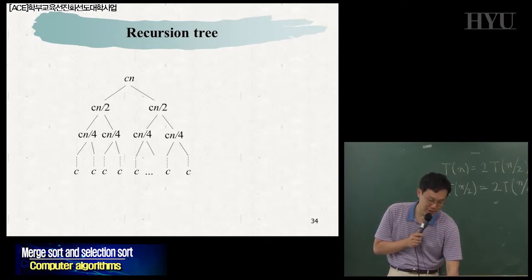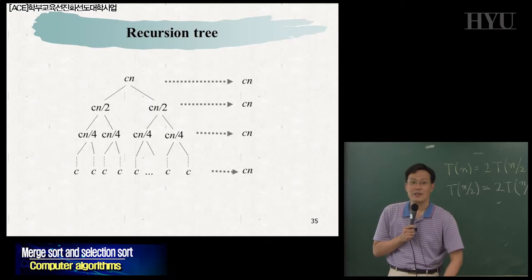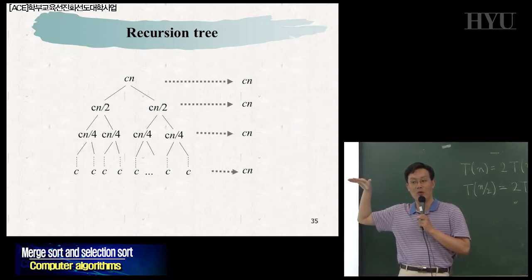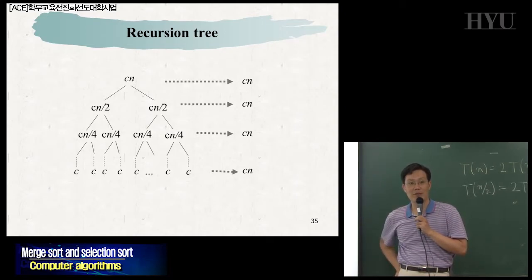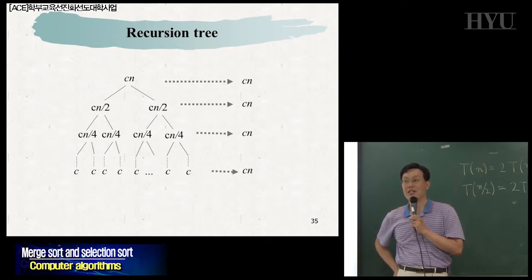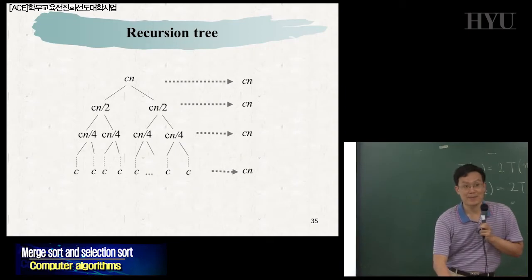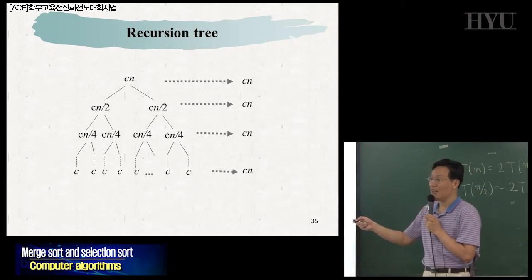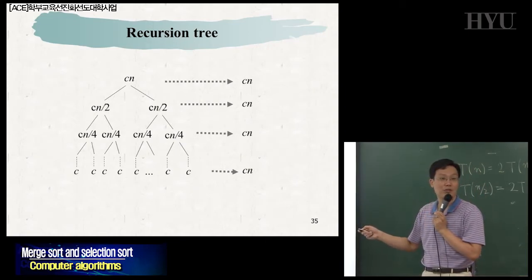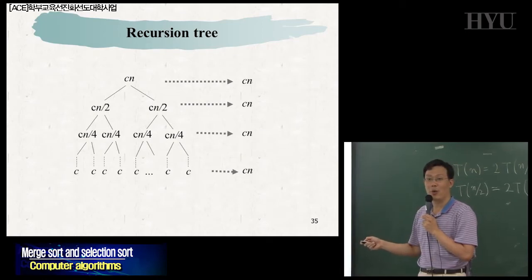But look at this. The summation of all terms in each level is cn. Okay? 1 cn, 2 cn over 2, and 4 cn over 4, like this.